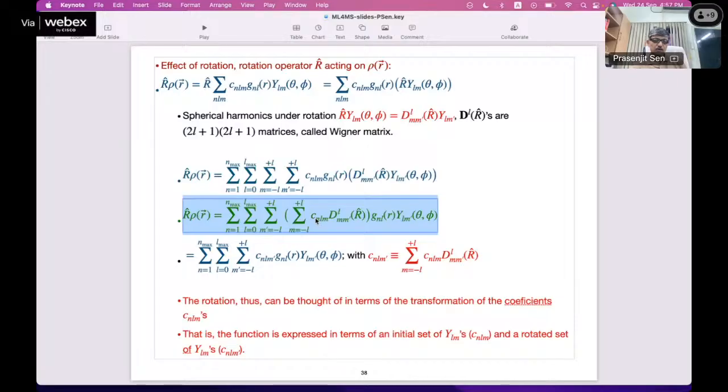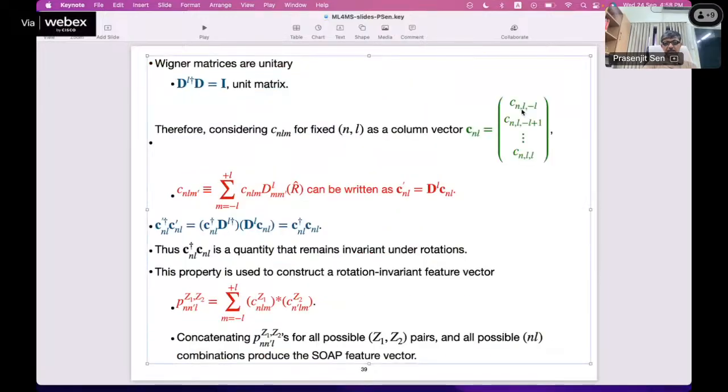But I can interpret this in a certain way. Given n and l, given the n quantum number, if I may call it so, and given the l index, I can view this as a matrix multiplication, provided I can view my C's for given n and l as a column vector.